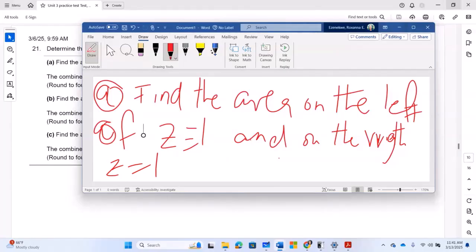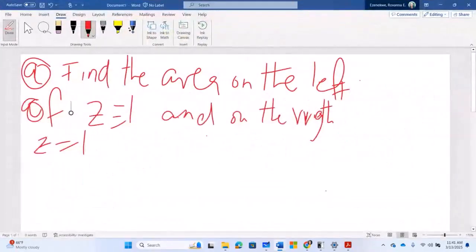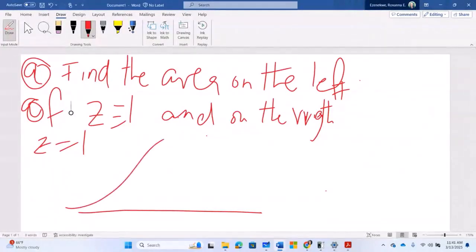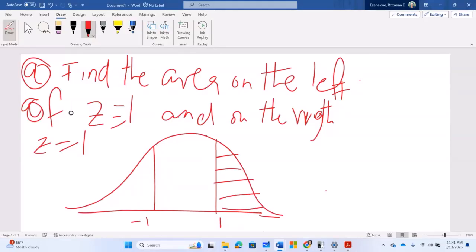So you draw a picture. First thing you want to do is draw a picture. So this is z equal to 1 here, and z equal to -1 here. We can find this with the empirical rule, because we're looking for area to the right and area to the left.